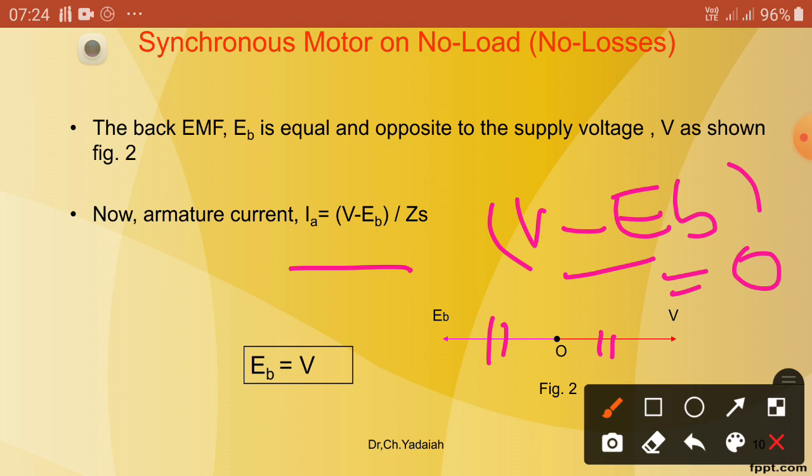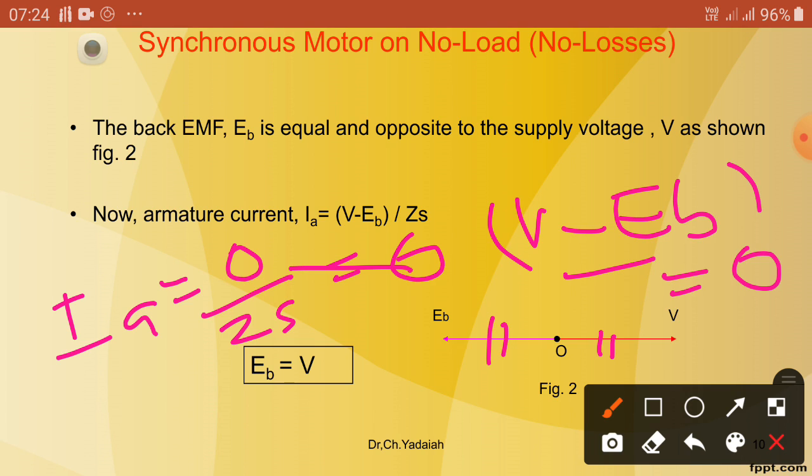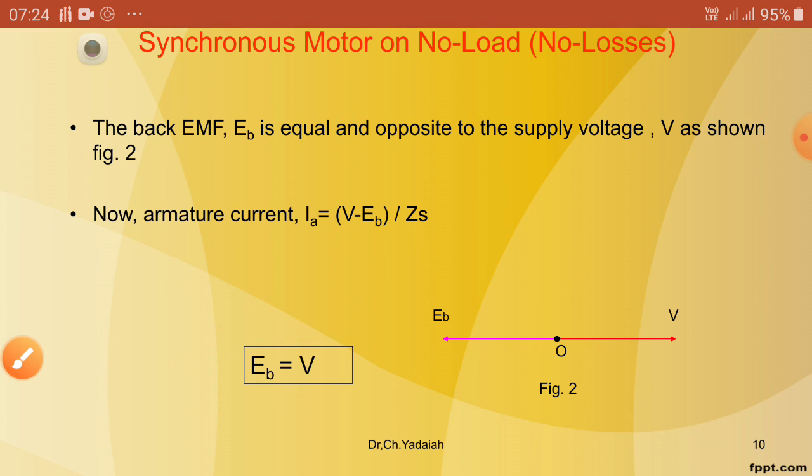Now, what is the armature current? Here armature current IA is equal to 0 by ZS, the synchronous impedance, that is 0. That means the current drawn from the supply is equal to 0. But our motor is running. If you are seeing the ammeter, the current is 0. But is it possible?